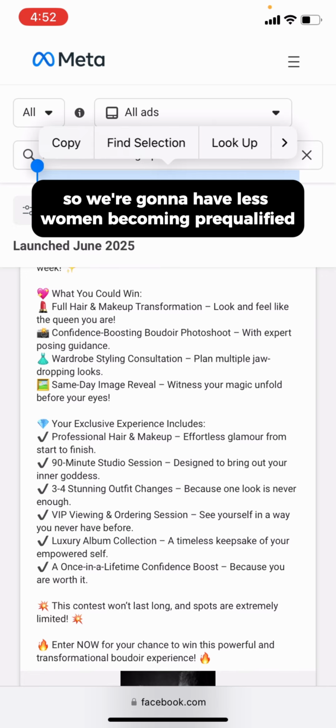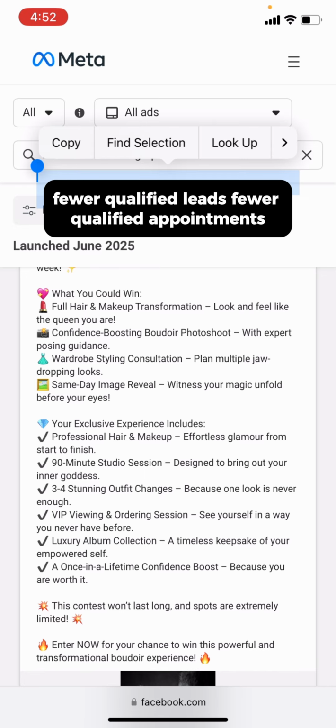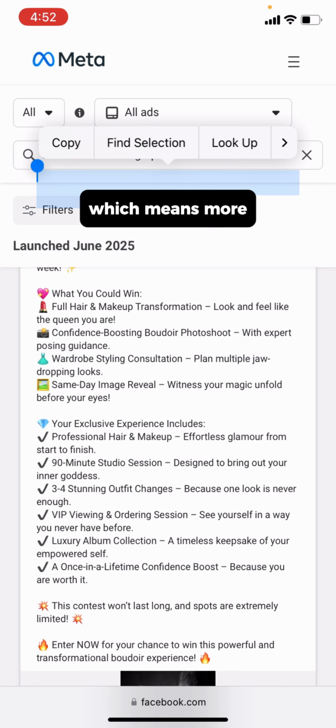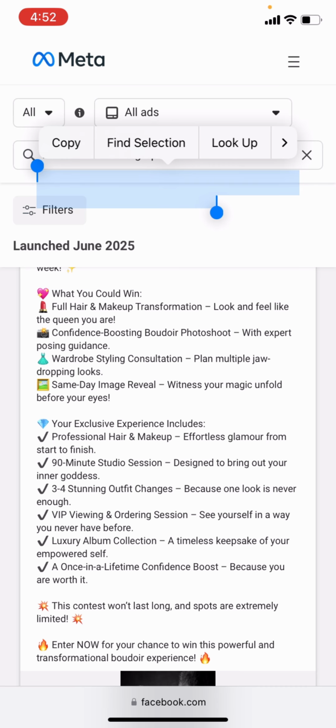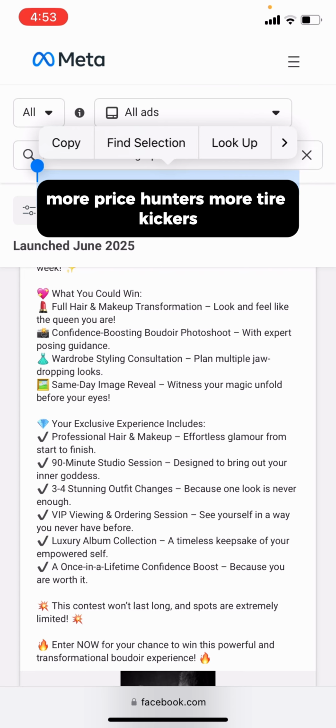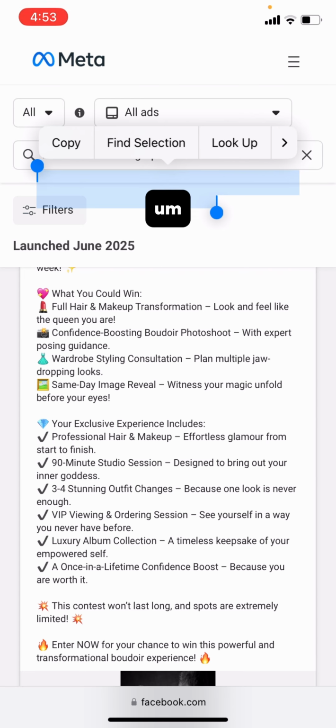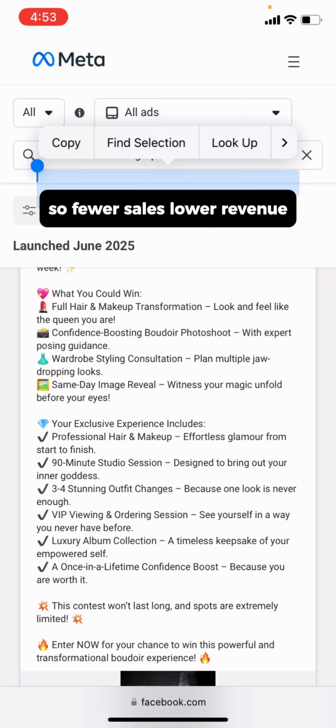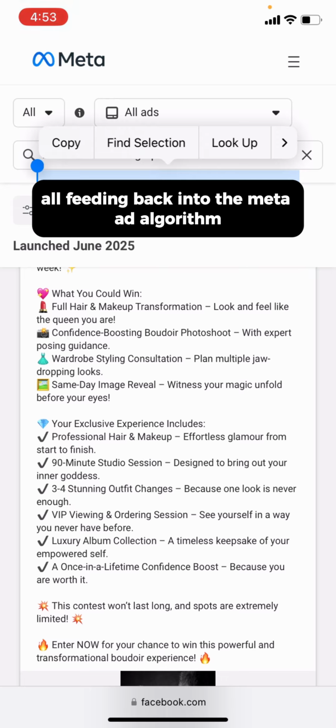So we're gonna have fewer women becoming pre-qualified, fewer qualified leads, fewer qualified appointments, which means more ghosting, more price hunters, more tire kickers, more price objections. So fewer sales, lower revenue, fewer conversions, lower ROAS, all feeding back into the Meta ad algorithm.